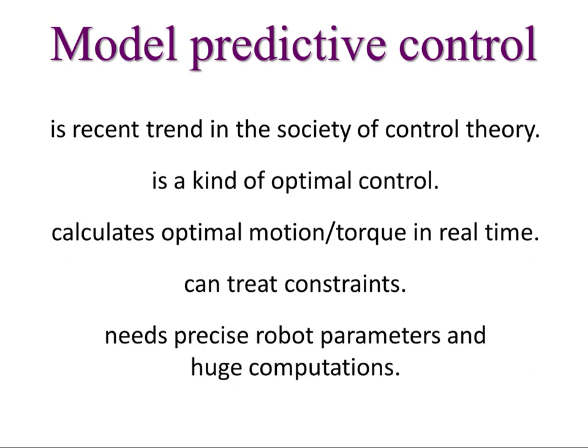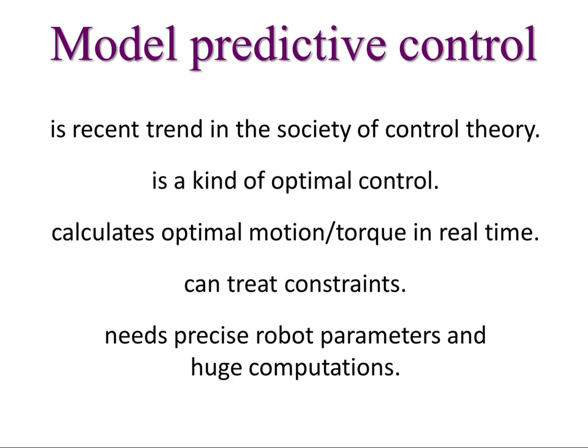However, model predictive control has the disadvantage that it requires a detailed model of the controlled system in order to calculate the optimal input. Therefore, if the model of the controlled system is not known in advance, the stability of the control system cannot be guaranteed and we cannot expect sufficient performance.